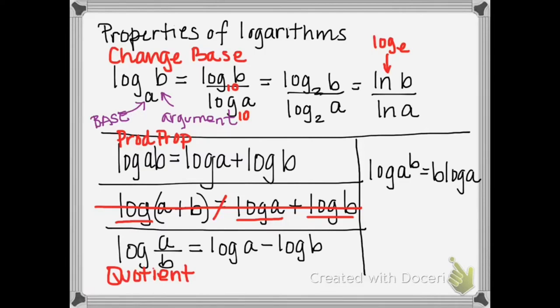And then finally, here we have the power property on the right side, which allows the exponent of an argument to become the coefficient of the log expression. So we'll take a look at a couple of problems that will require several of these properties.